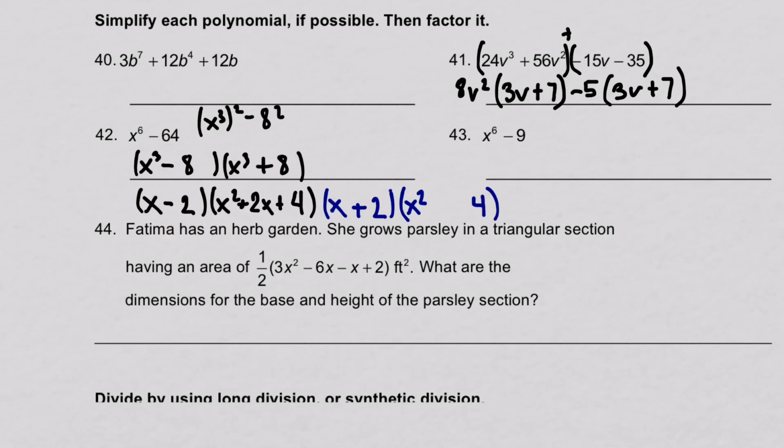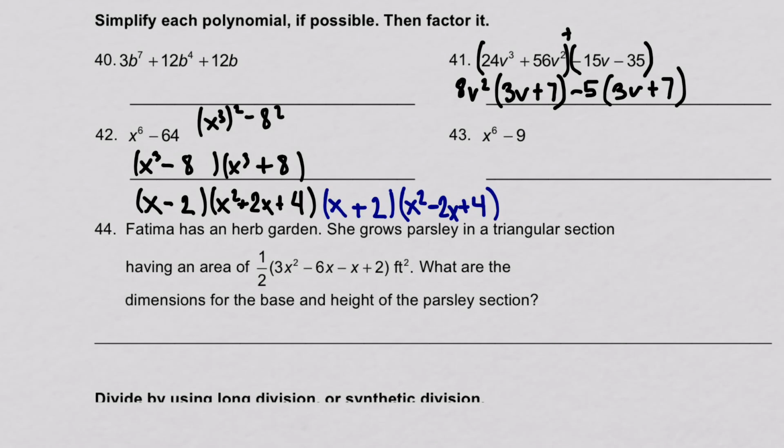The middle term will be the product of the two. x times 2 is 2x, but again the sign will be the opposite. The 2x was positive before, but it will be minus because that one was plus. Then you can try to factor even further, but in this case you're done. You cannot break this down any further. So x minus 2 times x squared plus 2x plus 4, and x plus 2 times x squared minus 2x plus 4. That's as far as it gets.